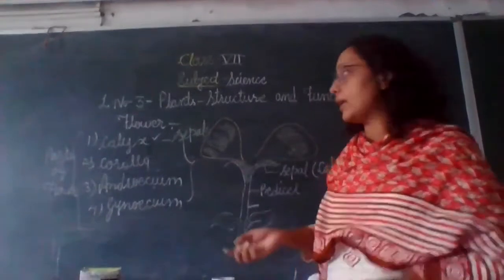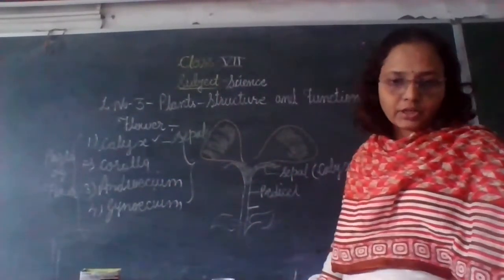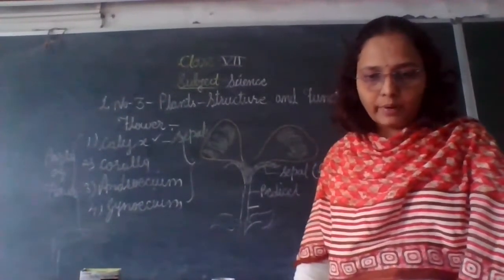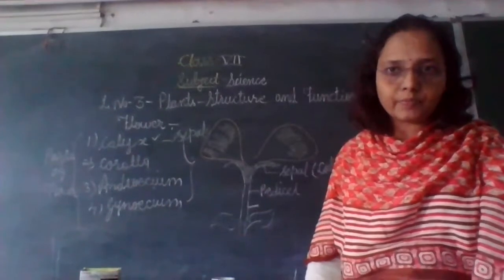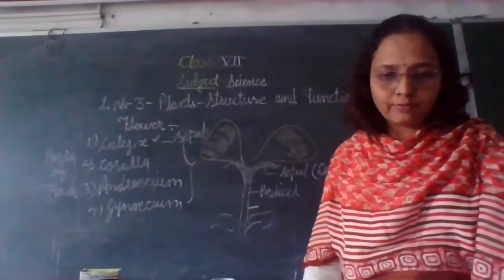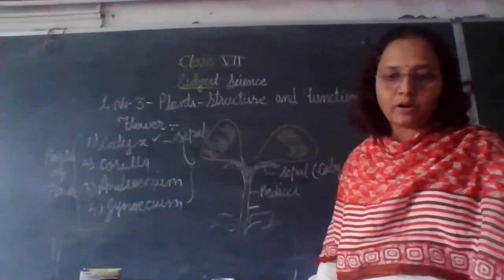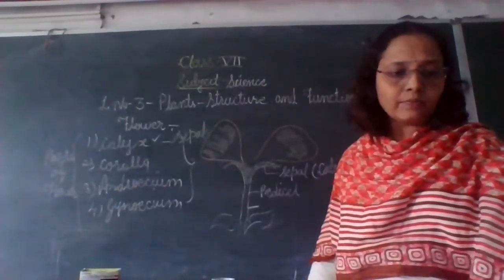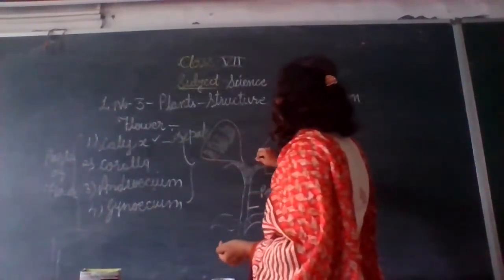Then another part is the androecium. Androecium is the male reproductive part of a flower. It consists of stamens. Each stamen is made up of an anther and a filament. Usually they are many in number.